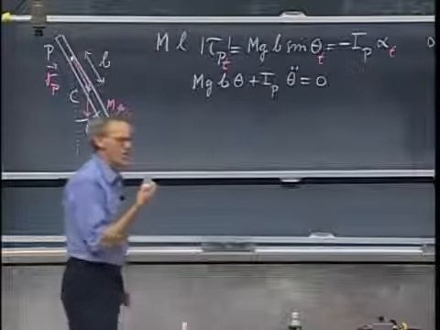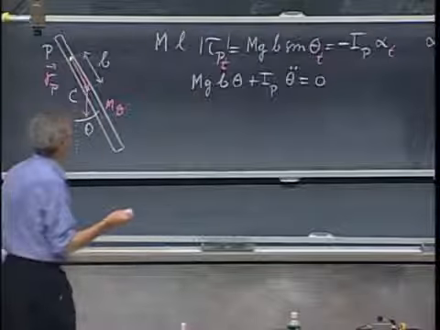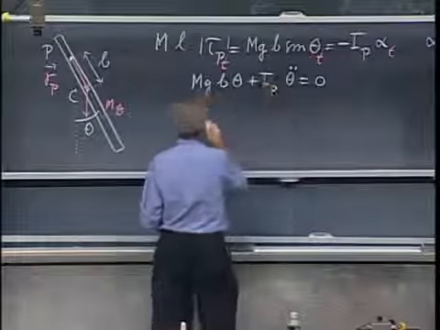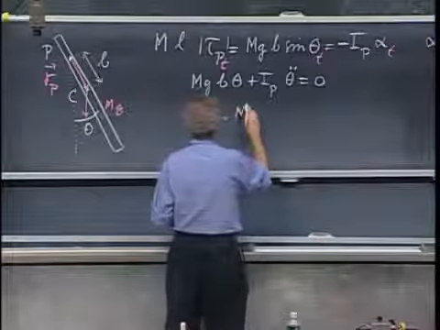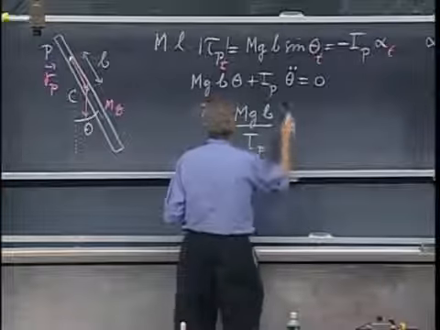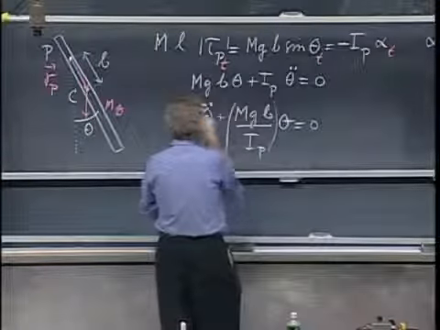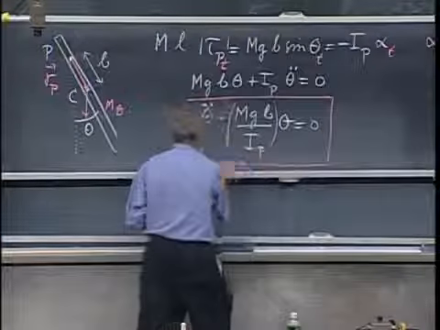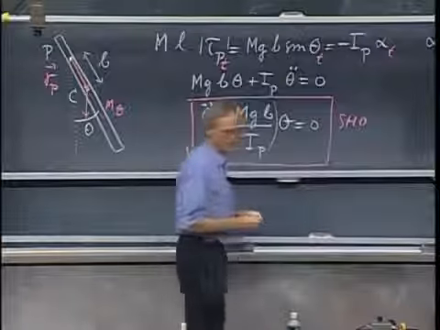And now I already begin to feel it in my bloodstream. I already begin to smell the simple harmonic oscillation, and you too. Let's bring the theta double dot naked out here, plus mgb divided by I of P times theta equals 0. And this, for sure, is a simple harmonic oscillation in theta.